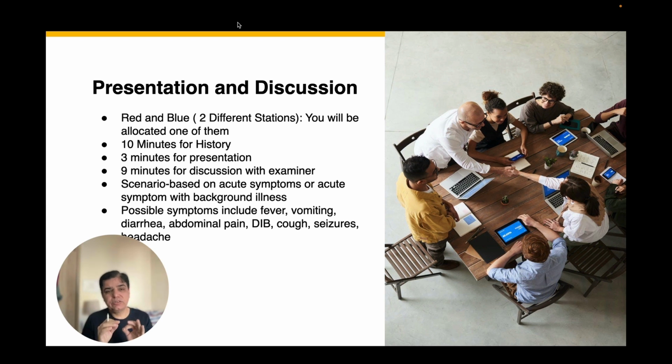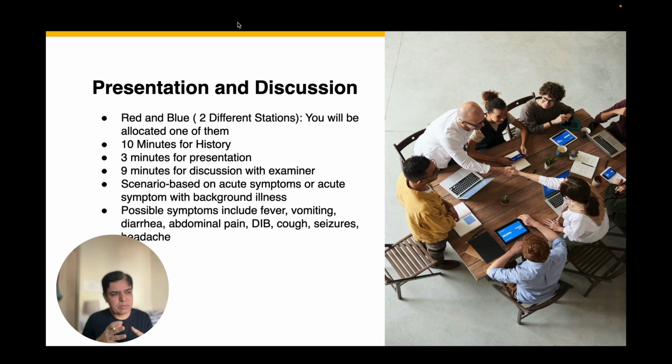Because history is usually based on some symptoms, if you read those paragraphs, you will see that it can include any symptom. But for the last couple of years, the common symptoms on which the scenarios are based are, first, fever. There will be a scenario in which a child of any age is presenting with fever.